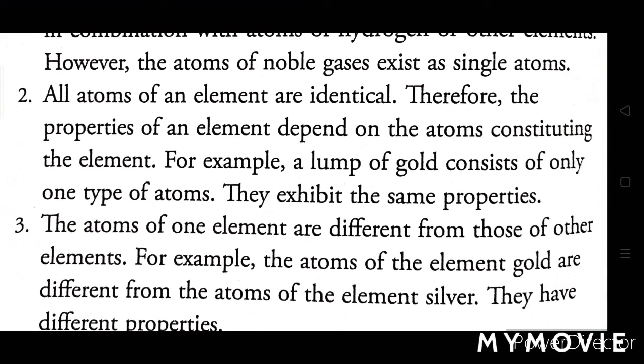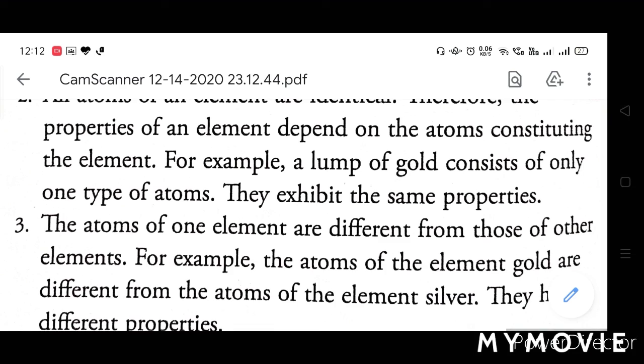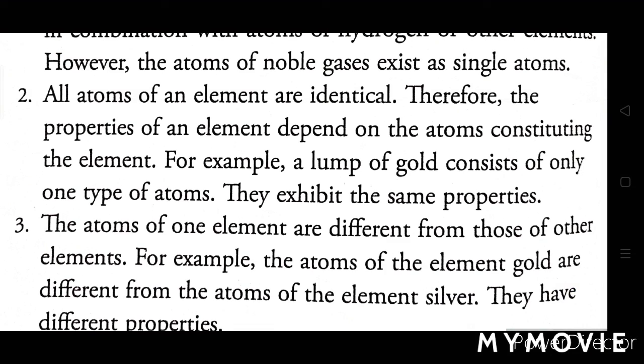All atoms of an element are identical. Therefore, the properties of an element depend on the atoms constituting the element. For example, a lump of gold consists of only one type of atoms. They exhibit the same properties.